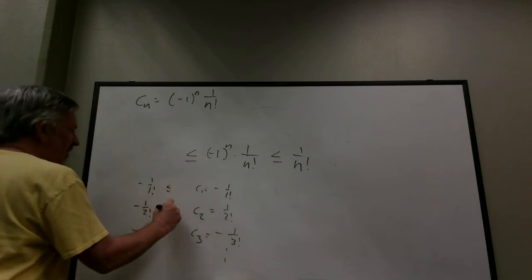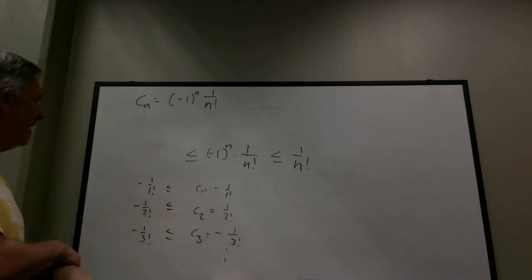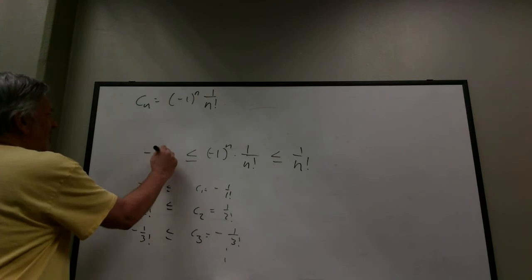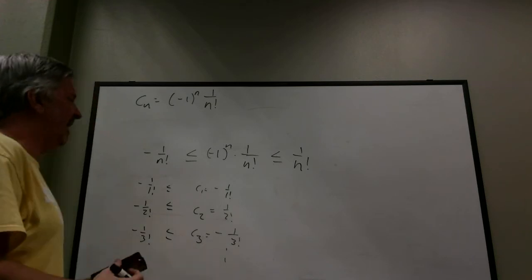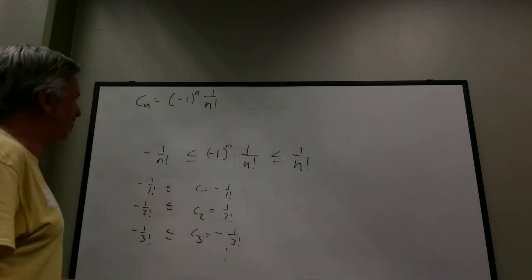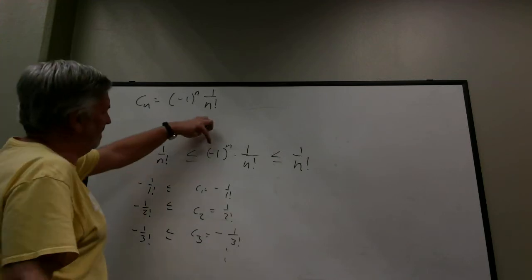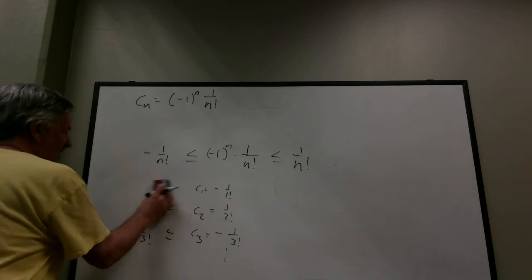So every single one of these, if you keep the negative, will be less than or equal to that. So if I keep the negative on 1 over n factorial, that will be true. So that's the same flavor as the last one, but I used the fact that cosine was trapped between -1 and 1. I'm basically using the fact that (-1)^n is trapped between -1 and 1. It's the exact same idea.